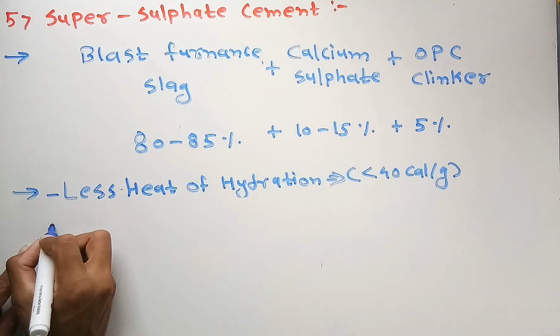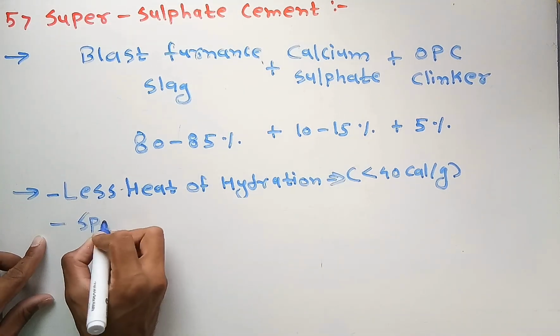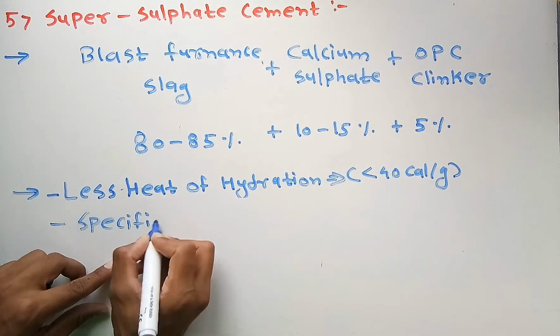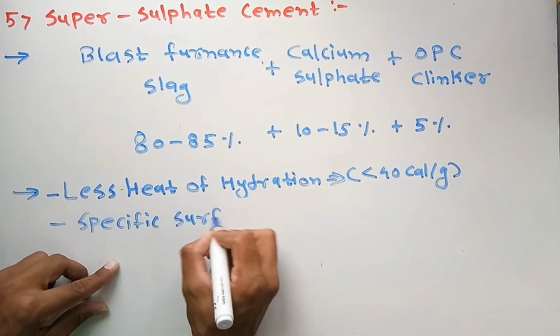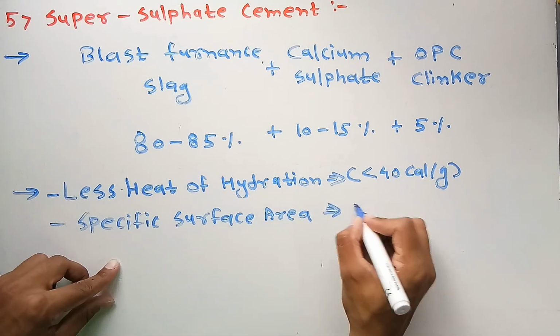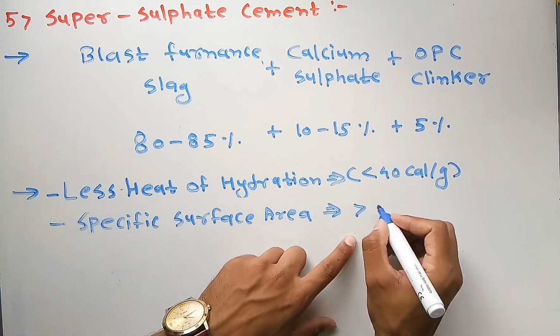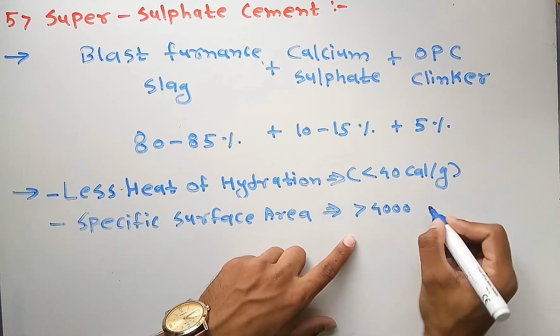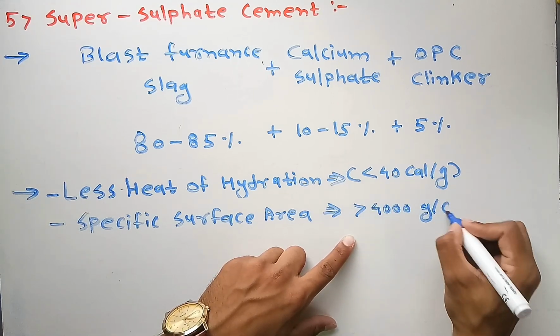Then the next property is its specific surface area. It is always greater than 4000 gram per centimeter square.